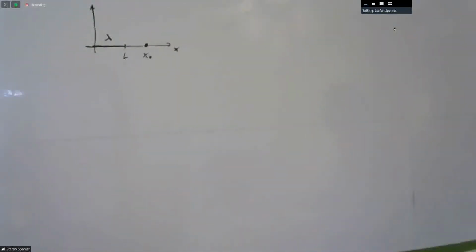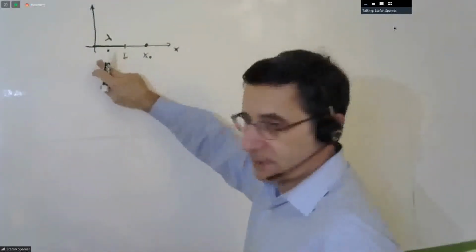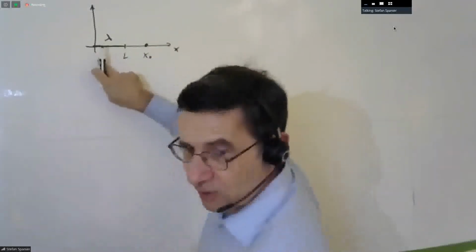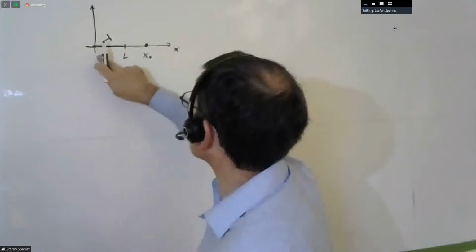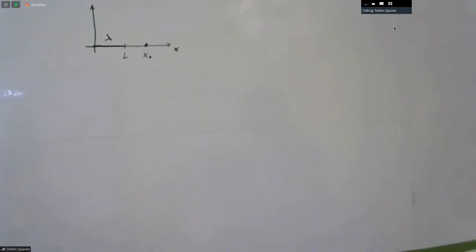I called it already x0. This would be the x, and actually the x prime, the location where the charge sits, which would run here between 0 and L. But it's good one way or the other to distinguish the indices.